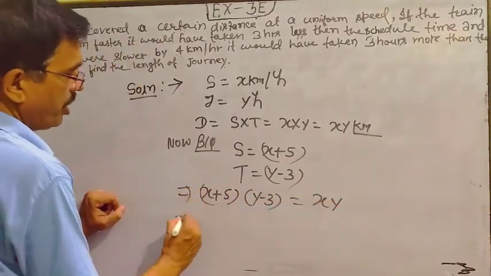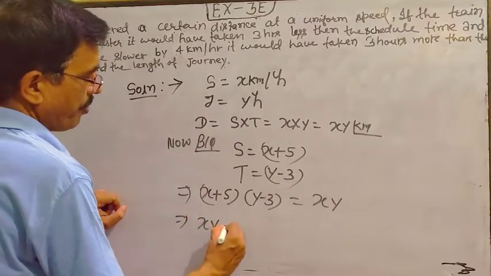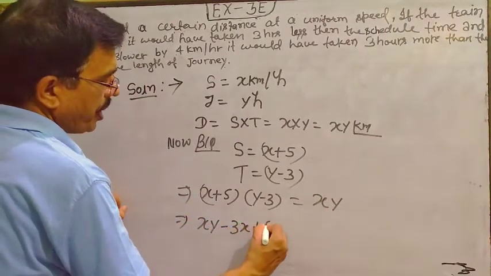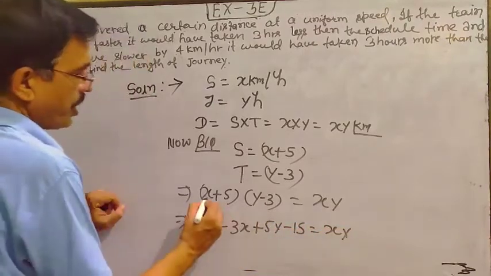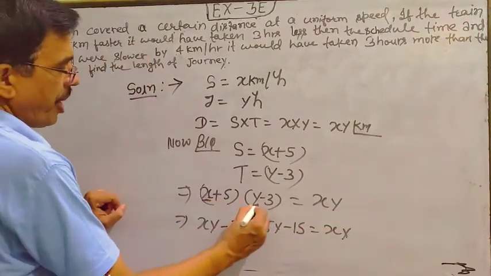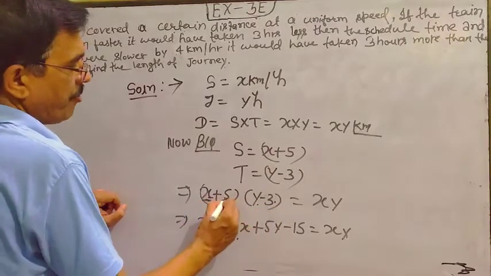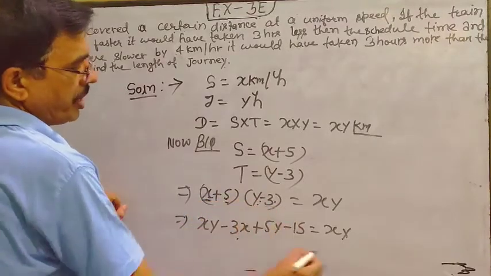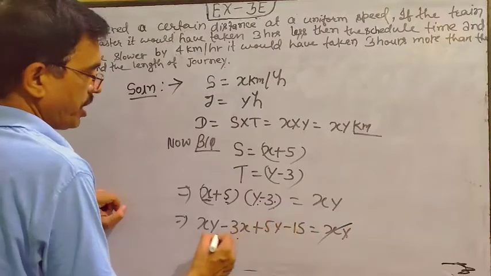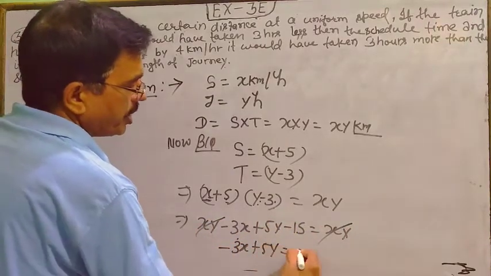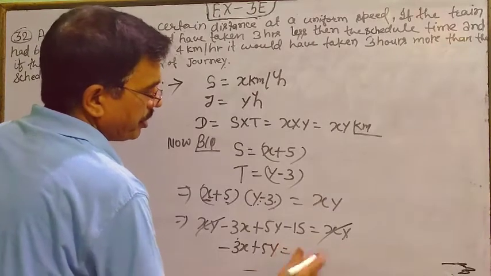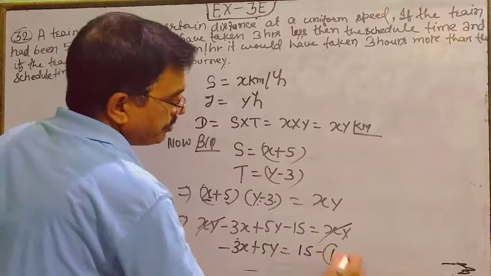Now solve here: (x plus 5) into (y minus 3) is equal to xy. First multiply x into y, x into minus 3, 5 into y and 5 into minus 3, so xy minus 3x plus 5y minus 15 is equal to xy. So xy cancels, then minus 3x plus 5y is equal to 15. It is the first equation.